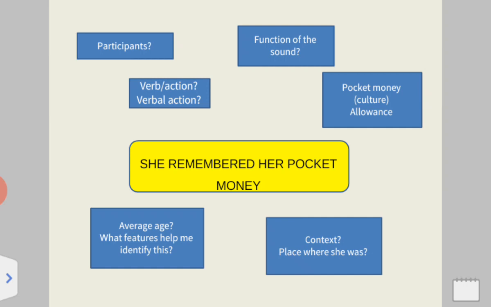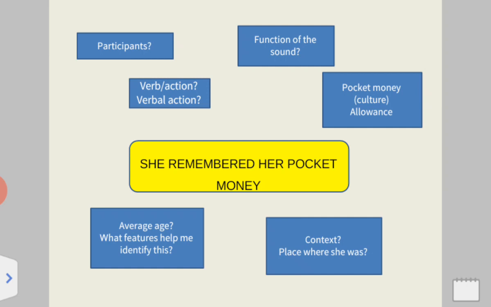Then we have the function of the sound. I mean, what Mary heard in the first part of the mini text, right, provokes a reaction in Mary, and this is the second sentence. It's connected to the first sentence. Even though we have no connectors, we can understand that the first sentence is connected to the second one.